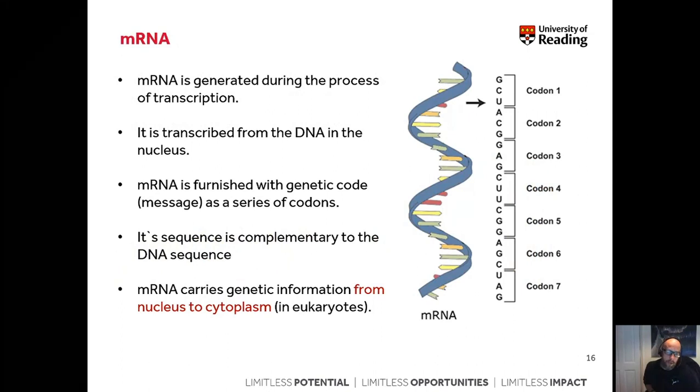So, mRNA is generated during the process of transcription, which is going to be the topic of today's lecture, and it is transcribed from the DNA based on the genetic material in the DNA within the nucleus. Afterwards, RNA is exported from the nucleus and carries the information from the nucleus to the cytoplasm.